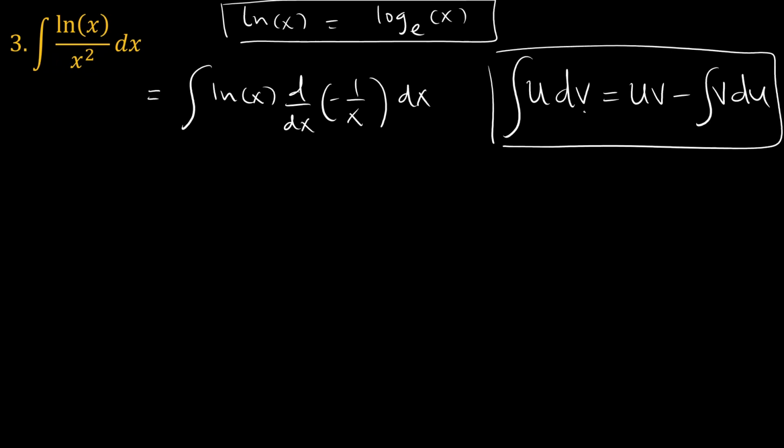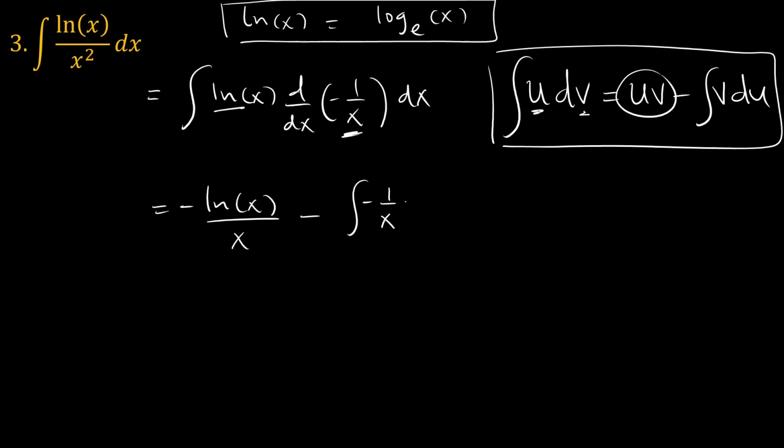Now function v can be taken as negative 1 over x, function u can be taken to be natural logarithm of x. That means that now uv is the same as negative natural logarithm of x times 1 over x, so over x, and then minus, since v is negative 1 over x, the derivative of natural logarithm of x is the same as 1 over x.